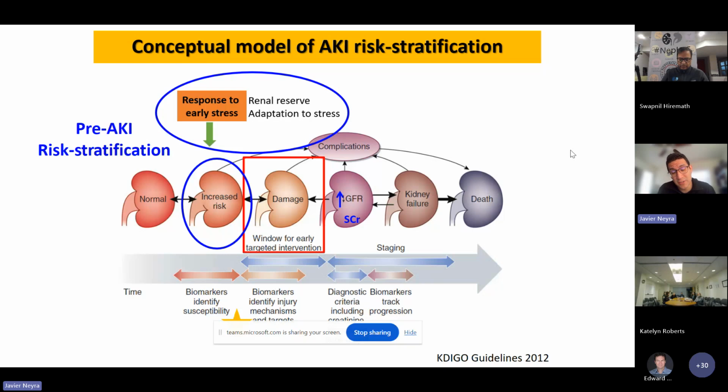So perhaps in addition to recognizing markers of early damage in the kidney, the ability to recognize kidneys that have or that will have worse adaptation to stress or less capacity to adapt to stress may help us to risk stratify patients before they are even exposed to these stressors.